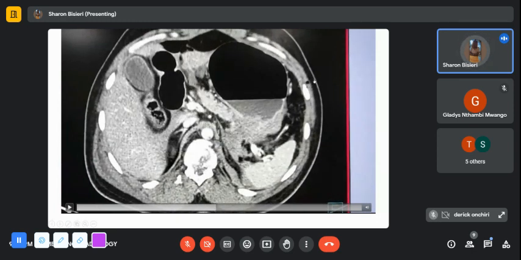The bullet entered from the left side, and the trajectory is from the left to the right posteriorly. If you look at the left crus of the diaphragm, we can see a clear break in the continuity of the left crus, and you have that nodular thickening of the diaphragm.